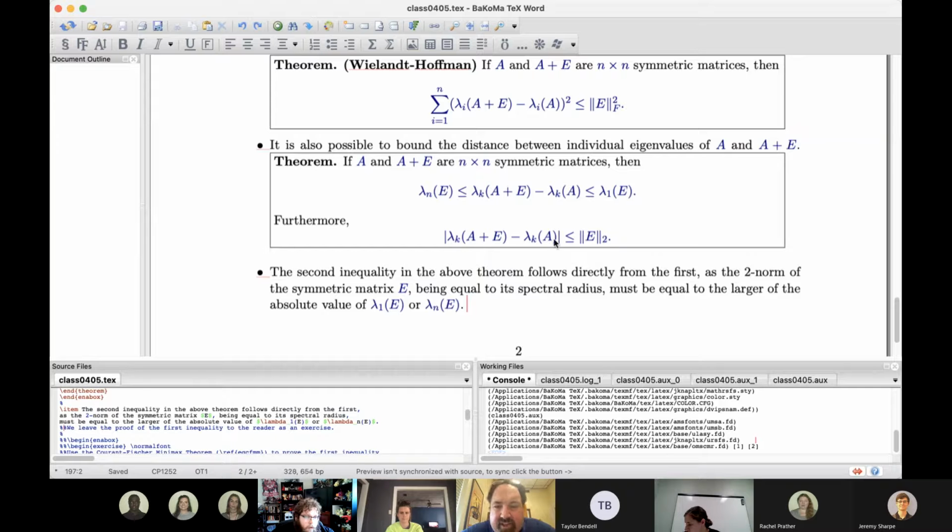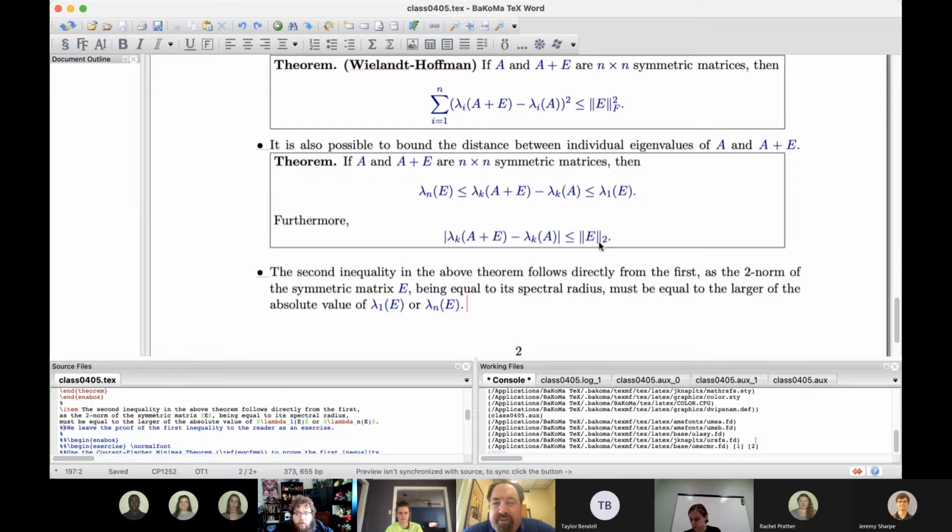Oh, just saying how you get the second inequality, because this change is bounded by these two, whichever one is the larger of these two eigenvalues, depending on whether the eigenvalues are positive or negative, would be the spectral radius of E. The spectral radius of a matrix, though, is always less than or equal to its norm.